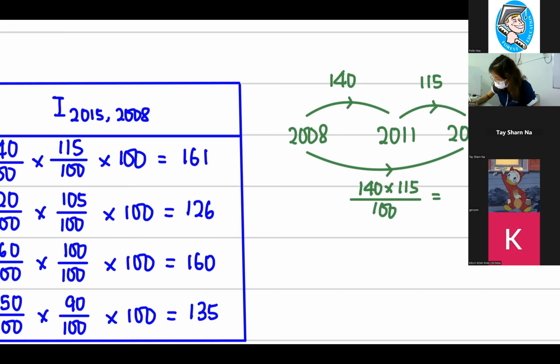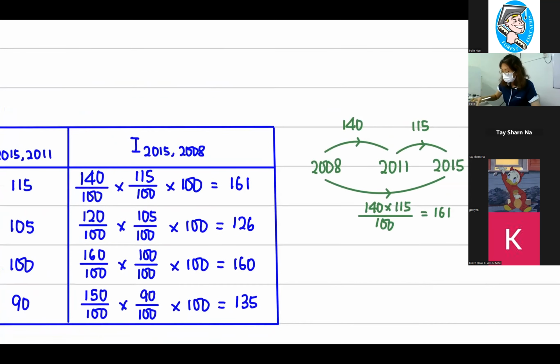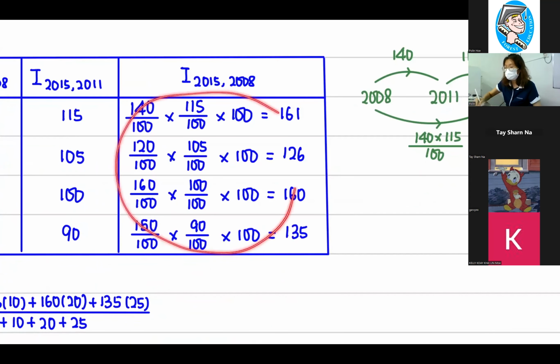And you get your answer 161. This is still the same thing, but this is the way that I separate everything out, the very, very long method. 这个 leap method, this is for A, you do for B, C, and D also.